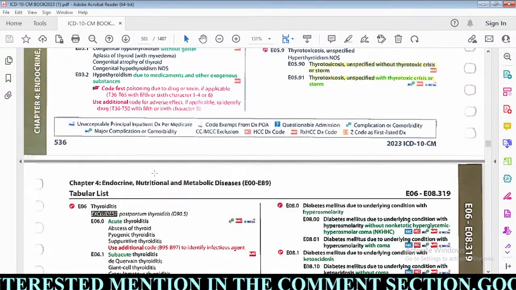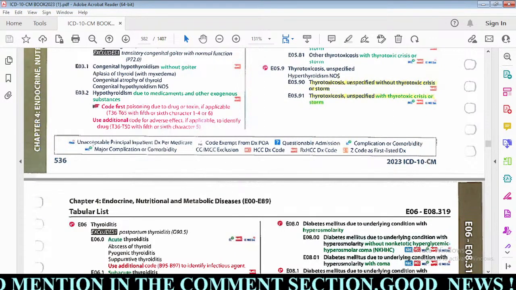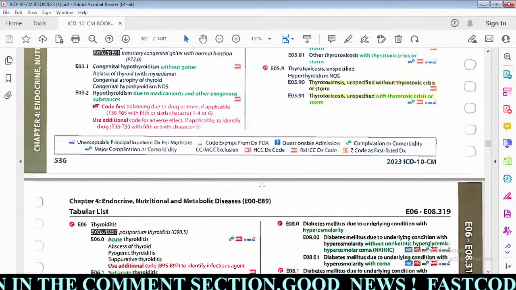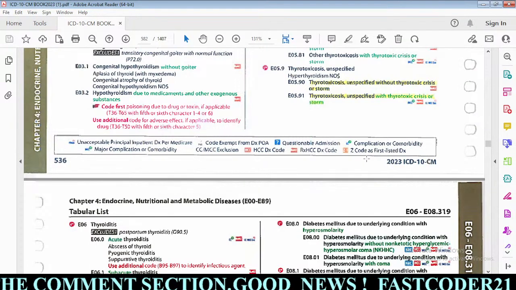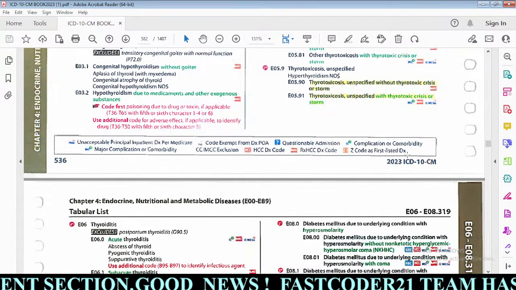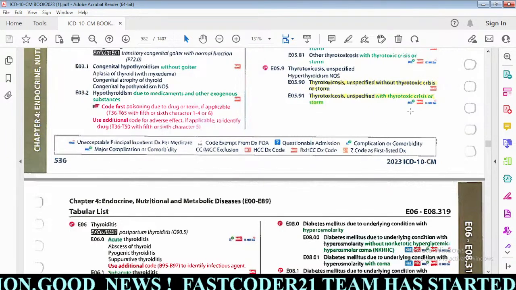So if you don't know the symbol, you don't need to go to the first page. On the bottom also, you have the symbols. You need to remember all these symbols. So if you take this symbol, Z code as first listed diagnosis only, so we can't code it as second listed. But if you have the physical book, you can see all these symbols easily.